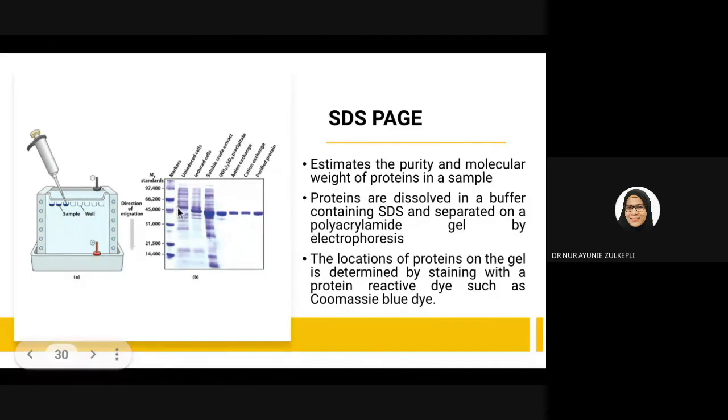So let's say this is 45,000 Dalton, and if our band lies in between here, we estimate it is around 45,000 Dalton according to the standard. So PAGE is usually used to estimate the molecular weight of the protein sample.